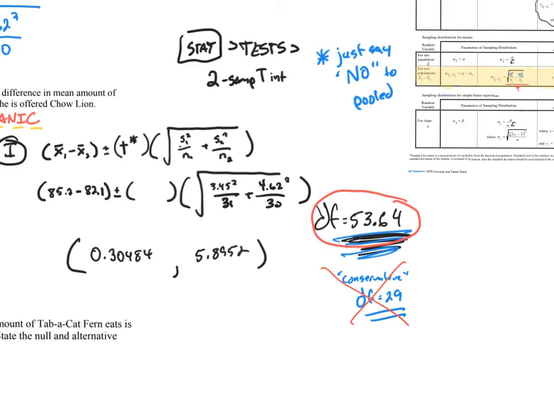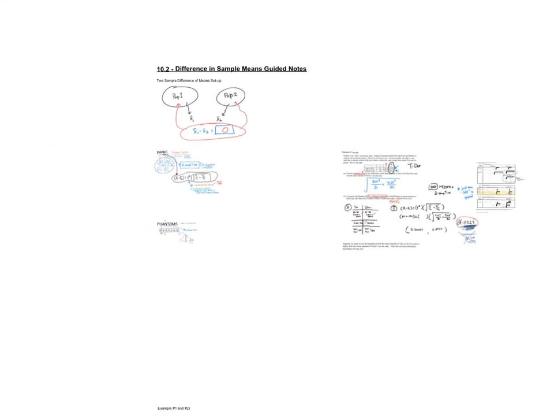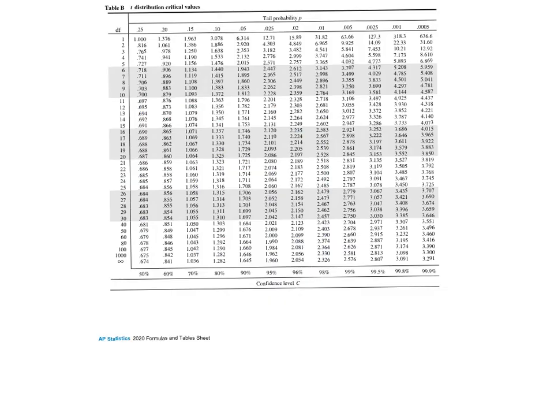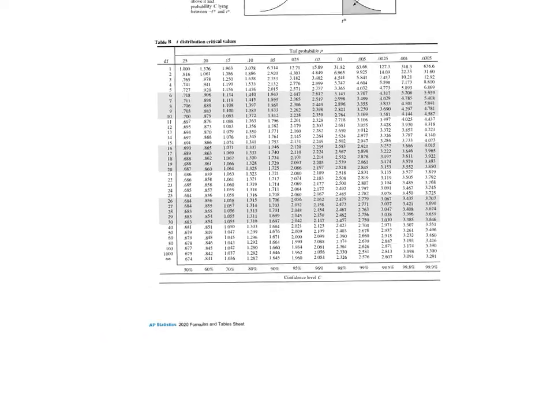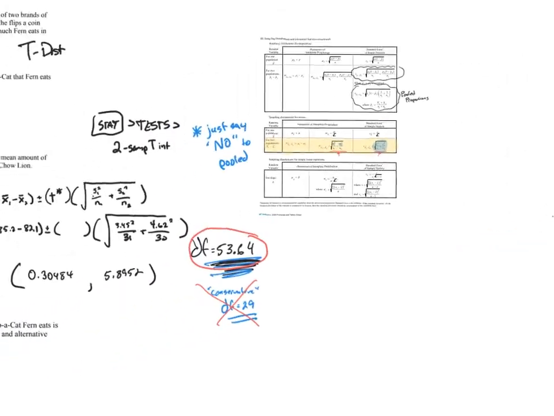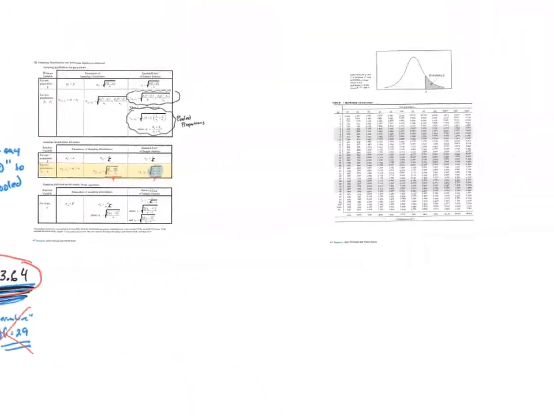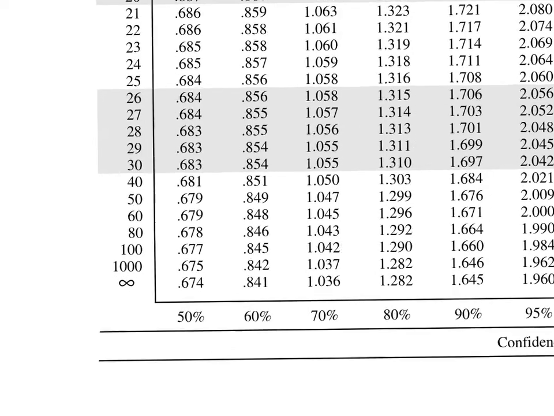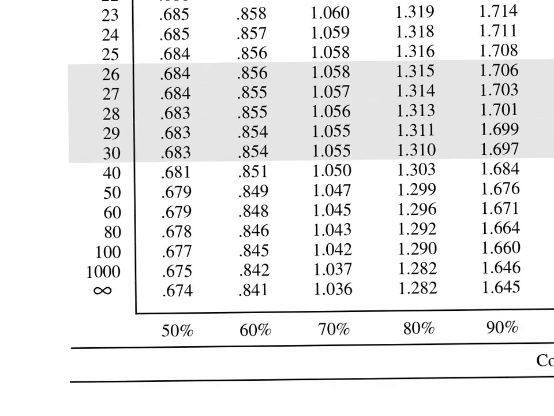Go with me now to the t table, and we will look up that t value. Here's our t table. Our degree of freedom in this one is 53.64, so you try to find 53.64. Guess what?